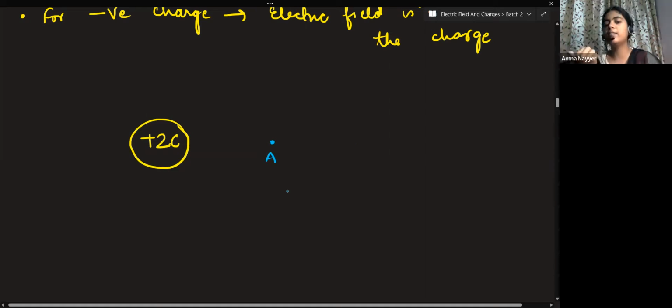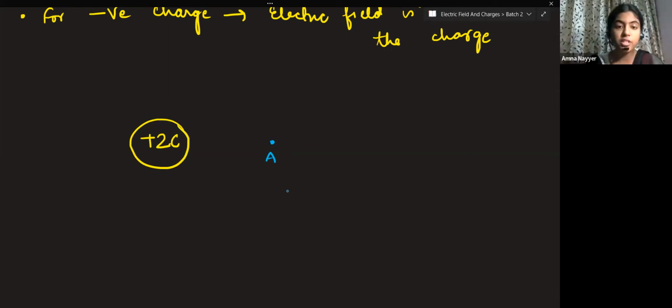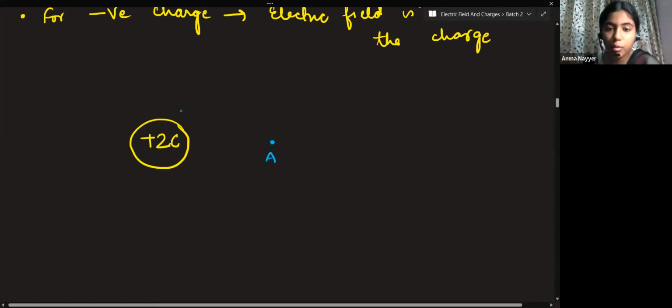The right hand side will lead me away from the charge and the left hand side will lead me towards the charge. Since it's a positive charge, we run away from the charge, so this will be the electric field at this point.